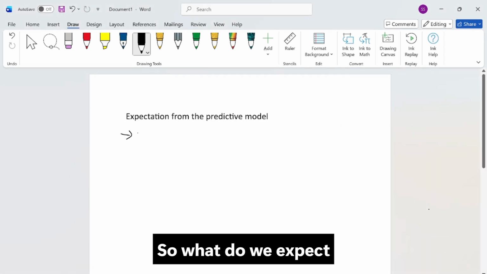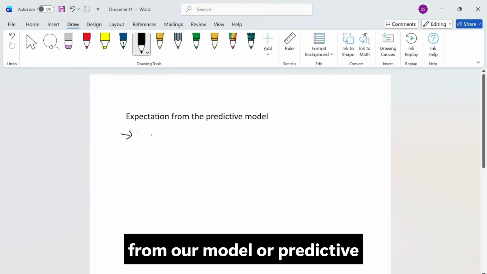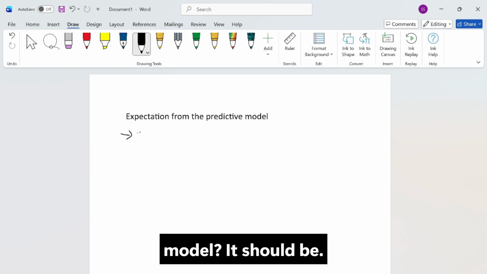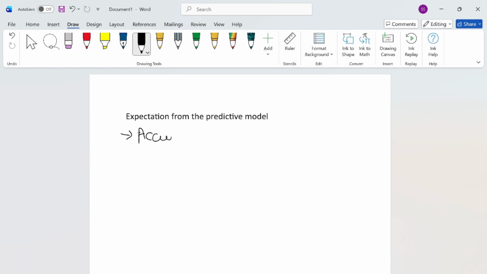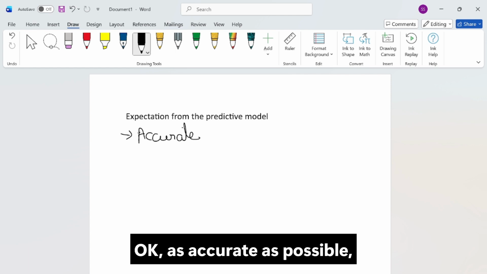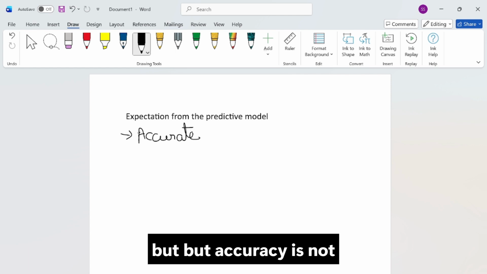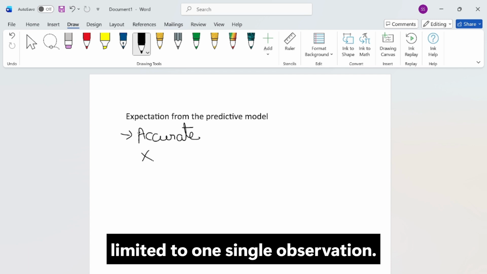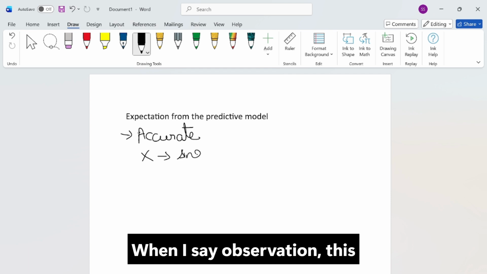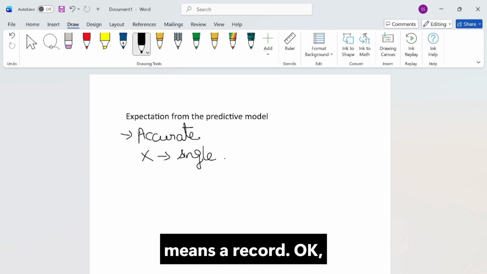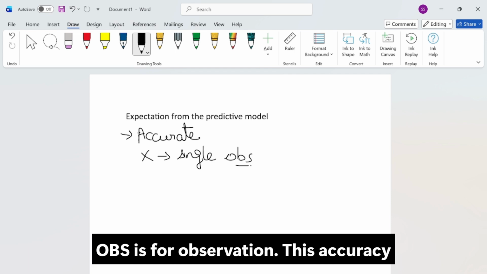So what do we expect from a predictive model? It should be as accurate as possible, but accuracy is not limited to one single observation. When I say observation, this means a record. OBS is for observation.